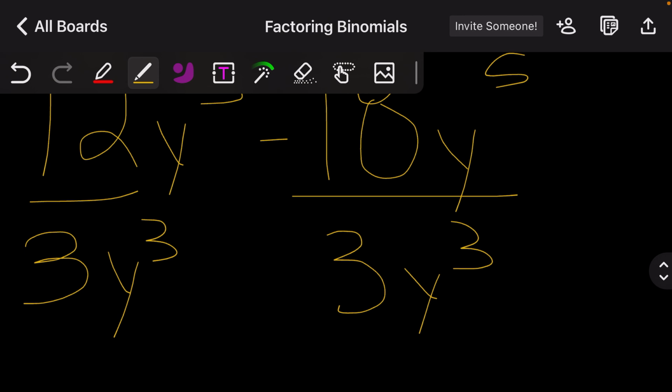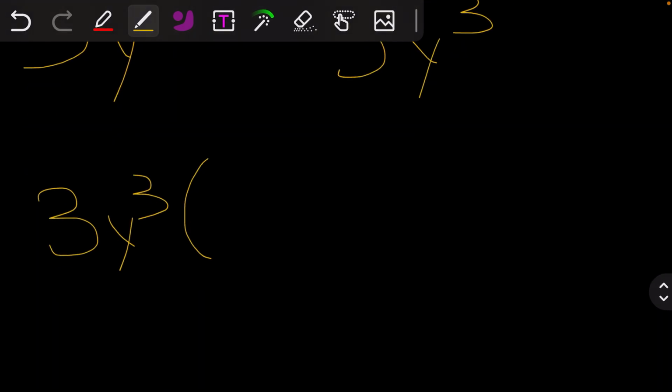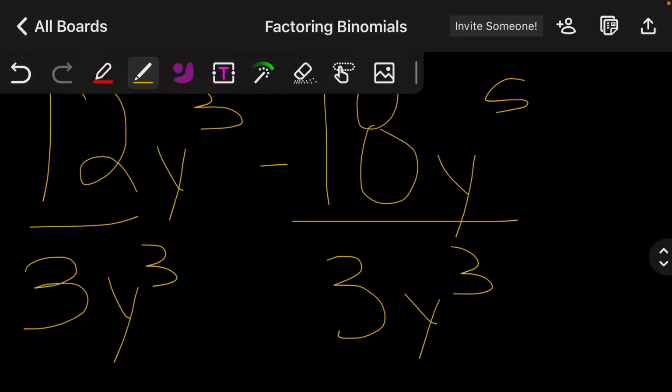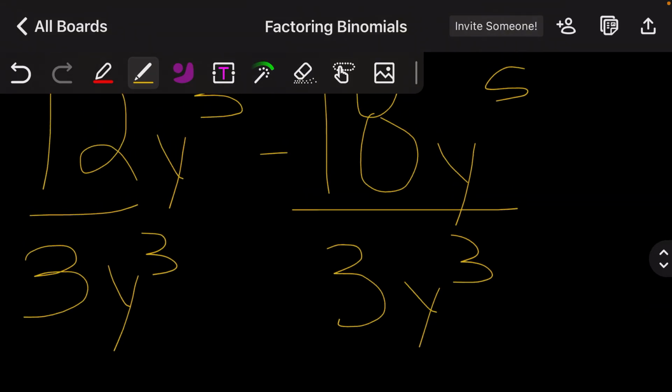And again, what's on the inside of the parentheses, when we're dealing with these binomials, is the aftermath after we divide, or after we factor out. So after we divide 12y cubed by 3y cubed, what we have left over is 4. And looking at this second term, when we divide negative 18 by 3, we get a negative 6.